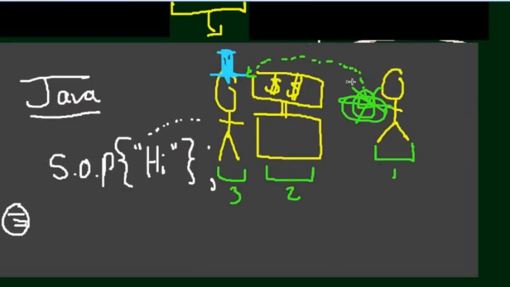So let's say he accepts the money. I'll give a little check mark here. He's going to take it into the cash register. Cash register will calculate things out, and it will give money, or the change, I should say, back to the attendant, who will finally give the change and the item back to the first person, the customer.